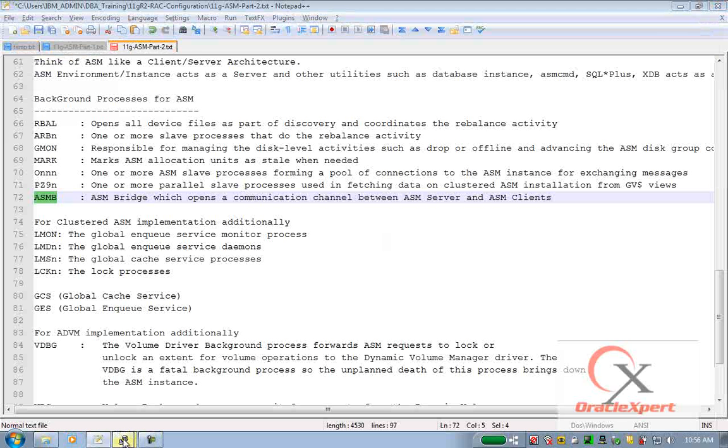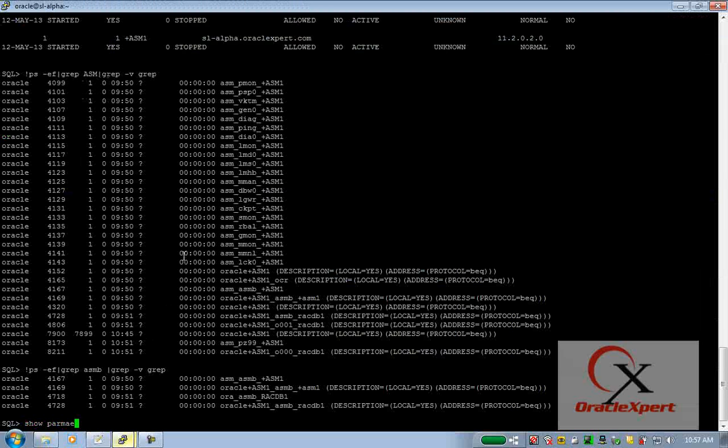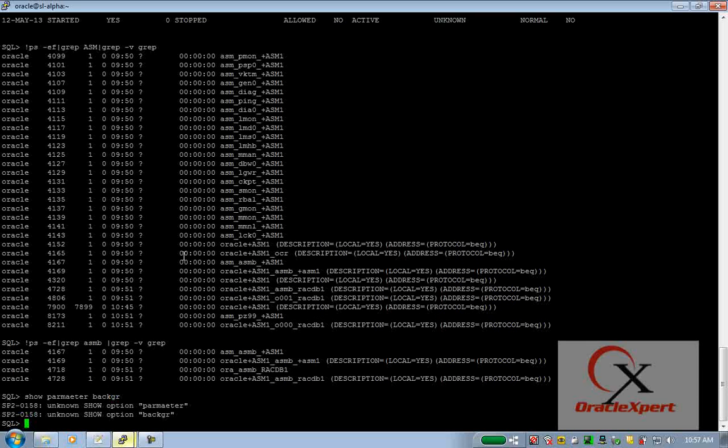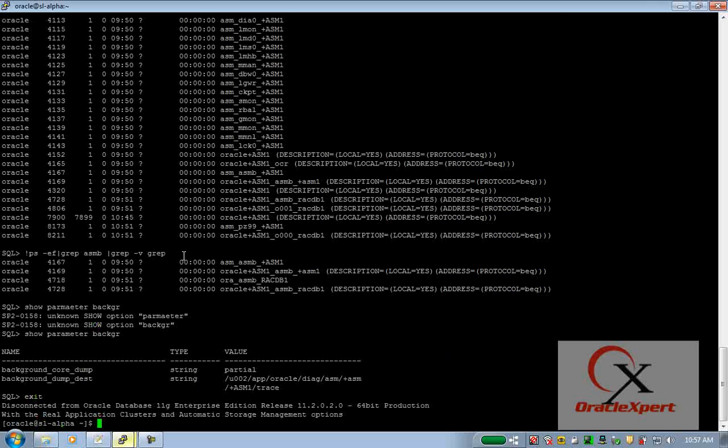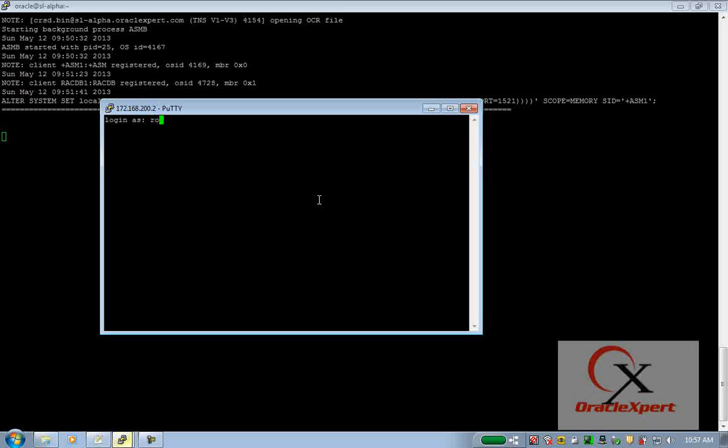On similar lines, I want to do a tail -f of whatever is here. I want to open the third session, and then I want to see what happens when a bridge is killed.